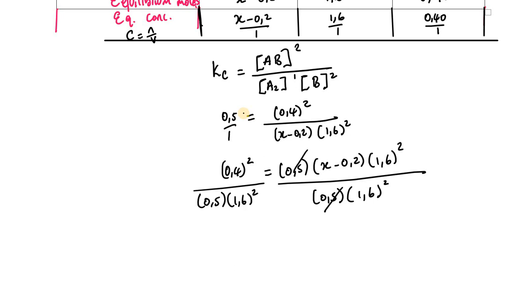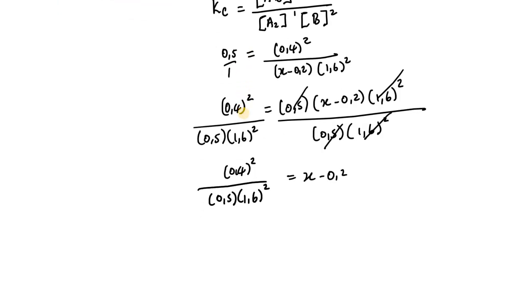So this cancels that, this cancels that. Then you're going to have x minus 0.2 being 0.4 all squared divided by 0.5 times 1.6 all squared.